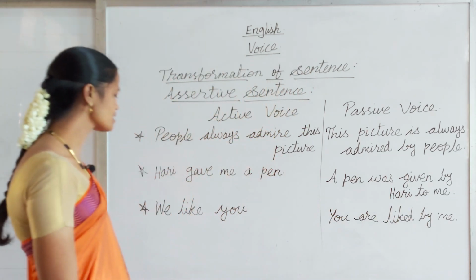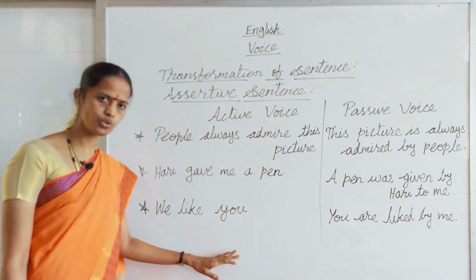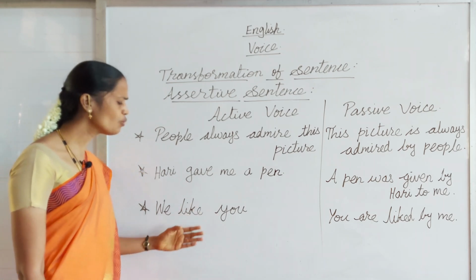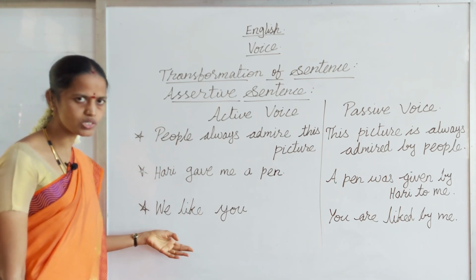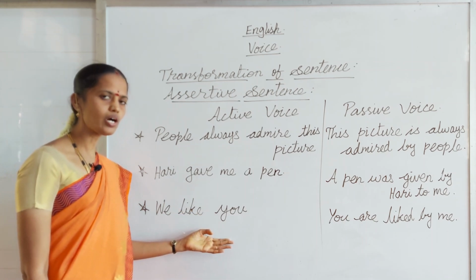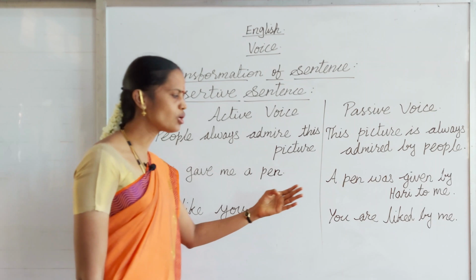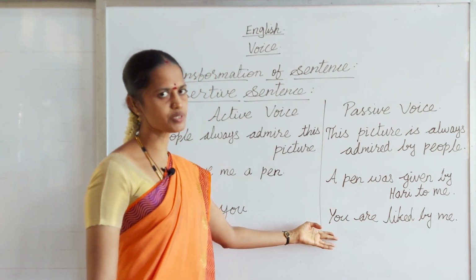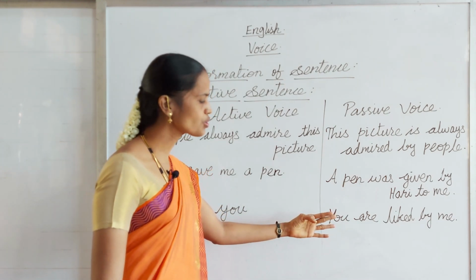Then the last example: "We like you." Here, what about the verb? Again we have used the verb in present form. What about "you"? It is the object, so we bring that object to the place of the subject in passive voice: "You."